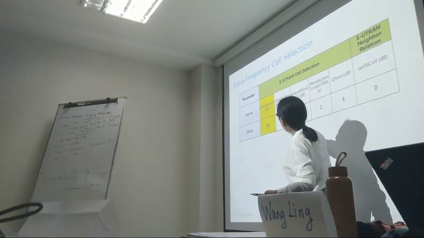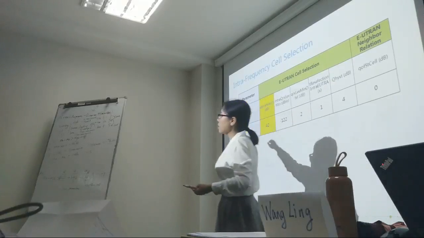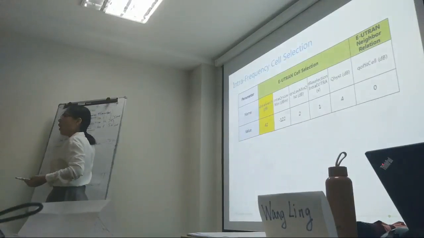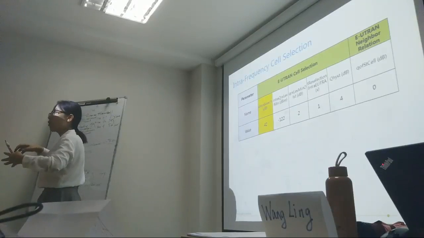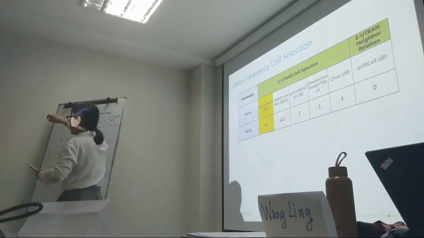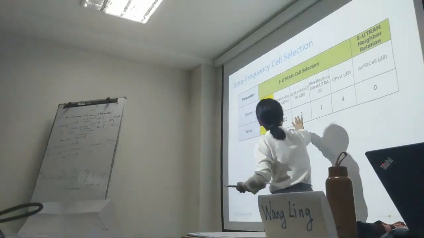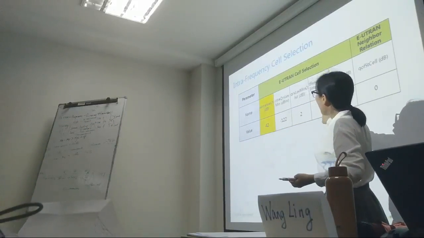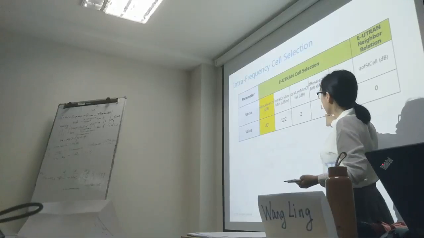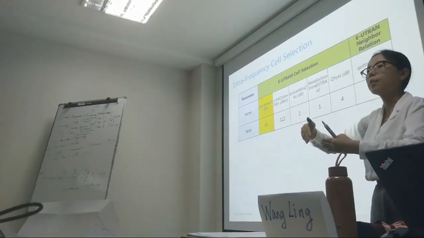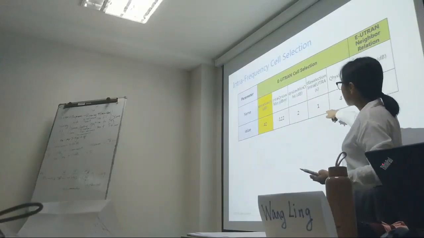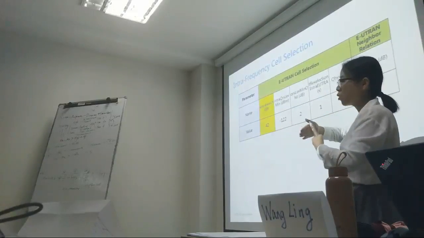For the S criterion, it should get which one? And here, how long should it perform? It's like the neighbor cell, how long you should keep it. Yes, for the inter-frequency, how long you should keep.